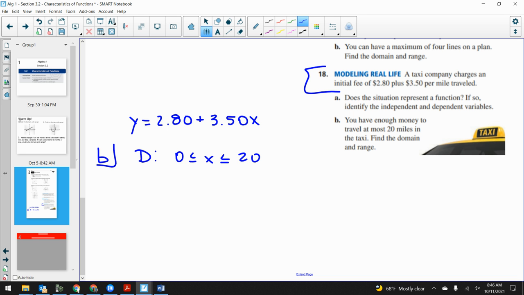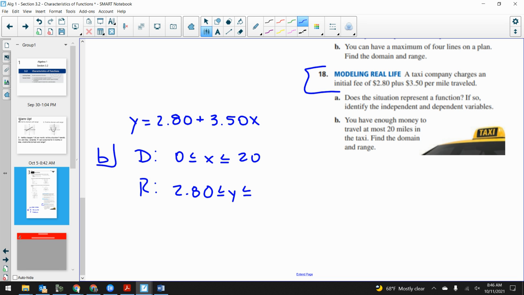That's my continuous domain, anything between 0 and 20. So then my range would therefore be, okay, if I went 0 miles, I mean, that doesn't really make sense, but if I hopped in and hopped out, they would still charge me $2.80 just for getting in the car. Right. But then why would you call a cab?